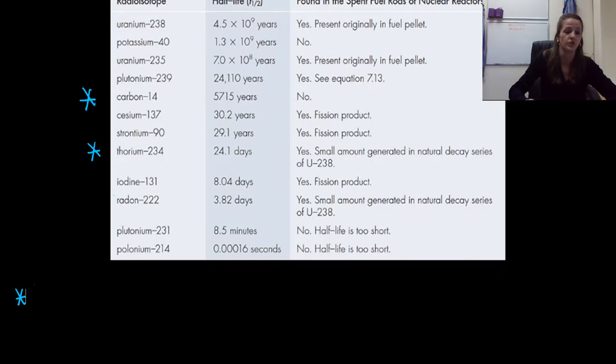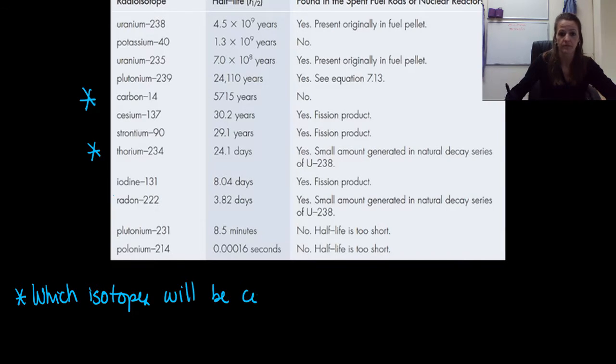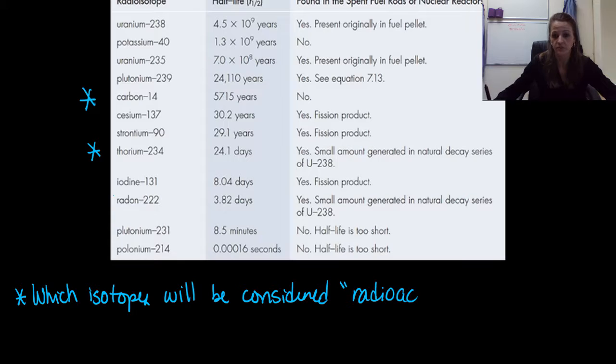So using this table and this information I've just provided, I want you to answer a question. So here is my question. Which isotope, and I'm going to provide 4 isotopes, will be considered radioactive for the longest period of time? So remember what that term means, radioactive.